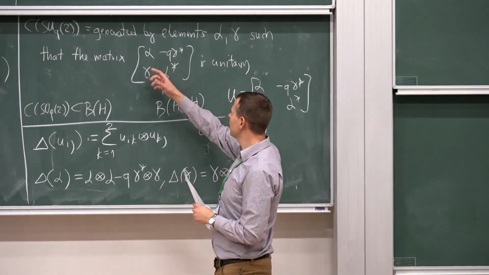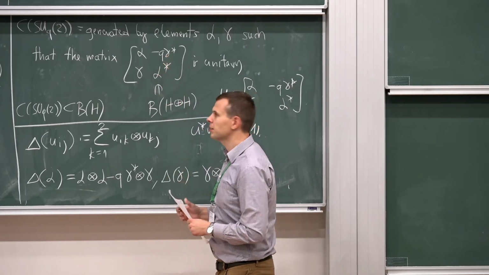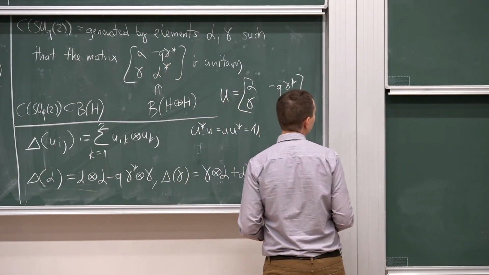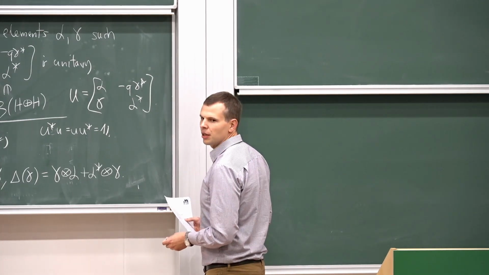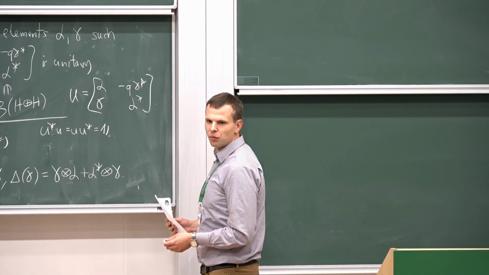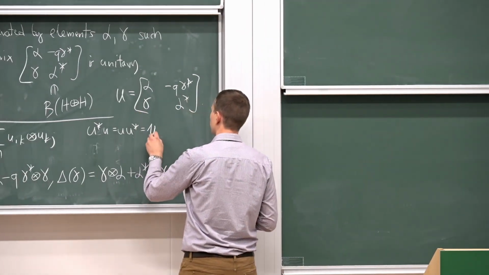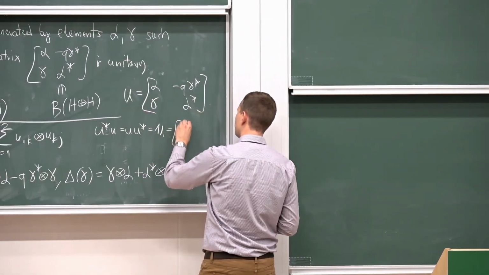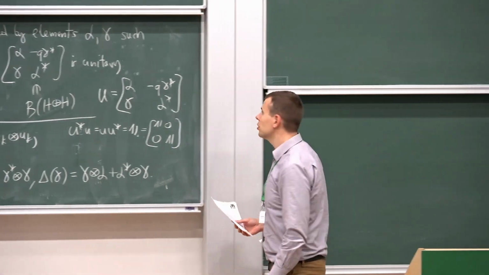You do transpose, and then the conjugate is taking the star. So what is the identity of the matrix? Just 1, 1. So identity would be identity on H, identity on the other copy of H, and zeros elsewhere.